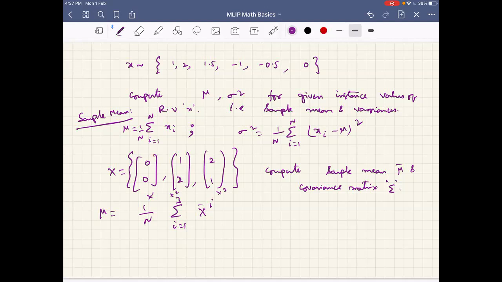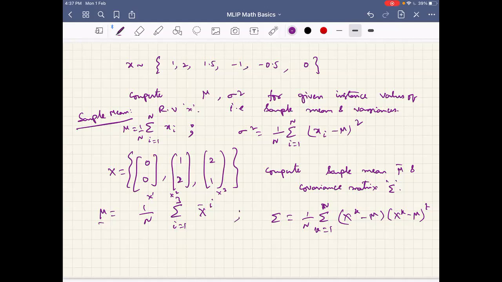Within the sample there is a feature index, so it is a vector. Similarly, the covariance matrix is summation of (xk minus mu) into (xk minus mu) whole transpose, k equal to 1 to 3, times 1 by n. I have written n for generality.